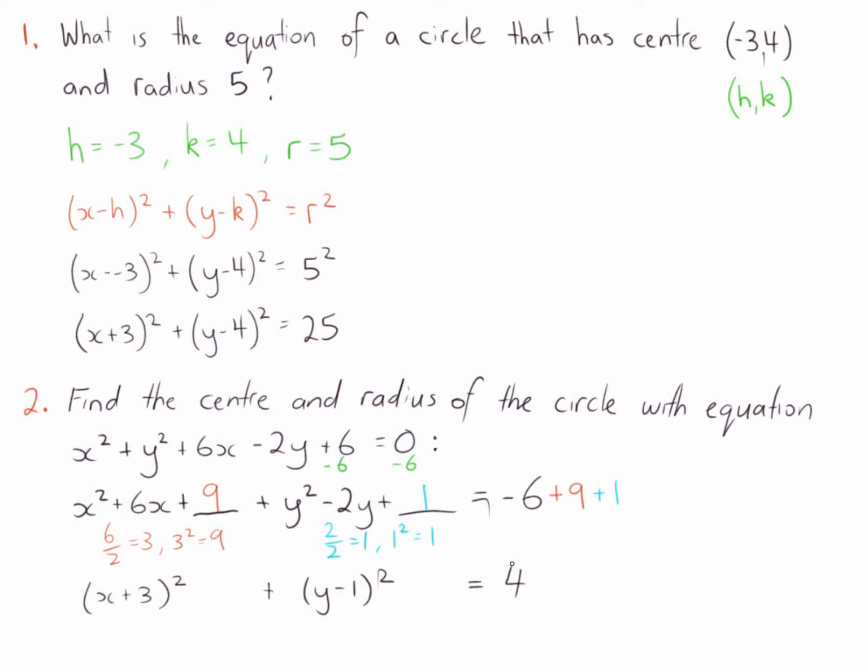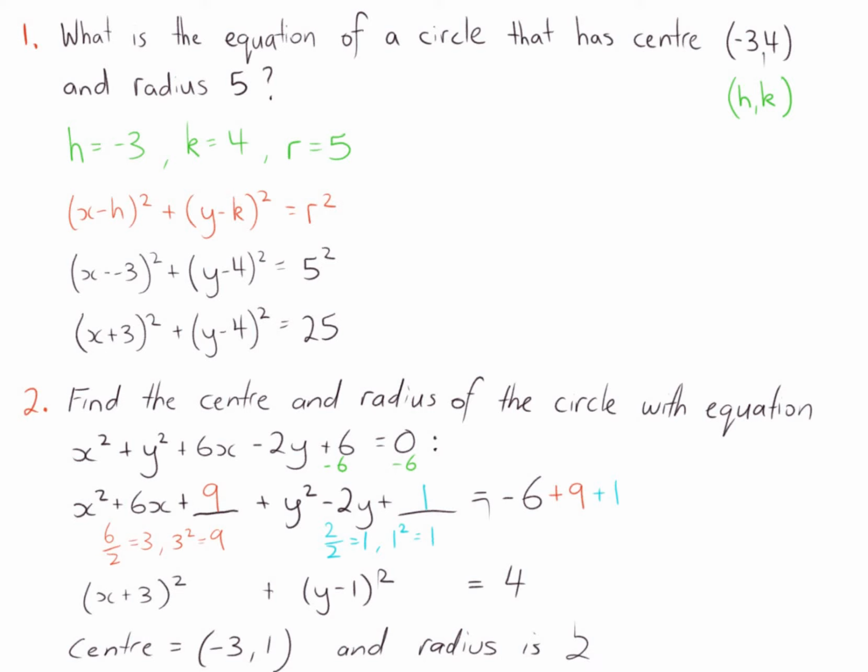Now we have our equation in a form that looks a lot more like what we want it to look like. We can now say that the centre is equal to the point (-3, 1). And the radius is equal to 2, because 2 squared is 4.